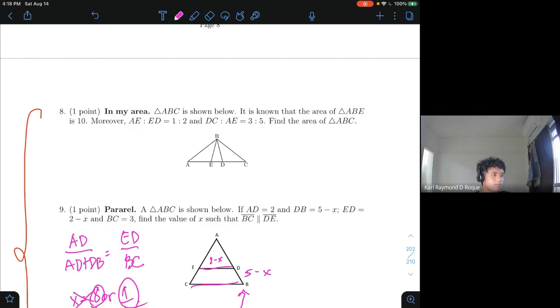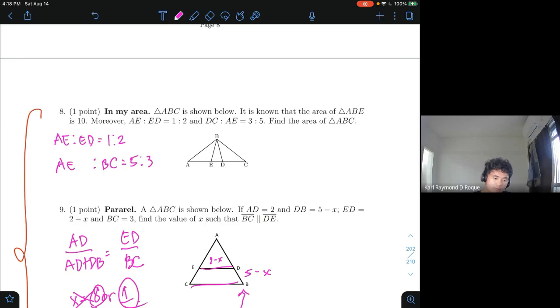Next, ito, na-discuss ko to kanina. Common base theorem. Hindi siya theorem, basta may common base sila. So, we can utilize that.